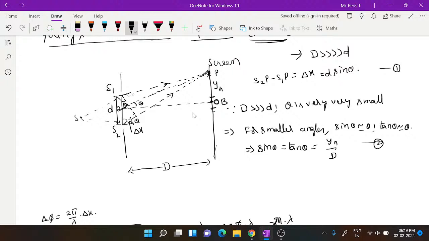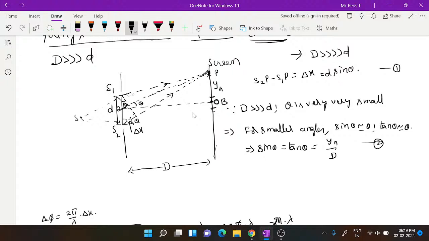The experimental arrangement consists of two slits separated by some distance small d, and these slits are separated from the screen by a distance of capital D, where capital D is usually much greater than small d, or small d is much less than capital D. So small d will be in the millimeter range, while the distance to the screen will usually be in the meter range, 1 meter or 1.5 meters. So it will be very, very small.